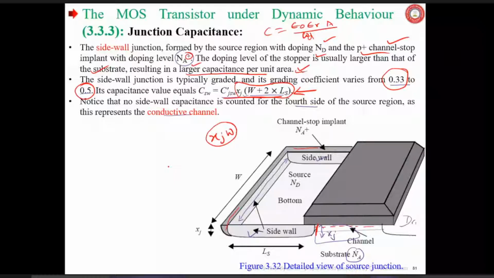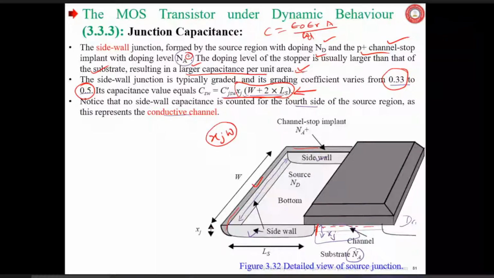Which sidewall? That width is not connecting the channel. Not on the channel side, opposite the channel. Opposite the channel side. Yes, you are right. It is the left sidewall, I can say. This one, isn't it? Yes, sir.